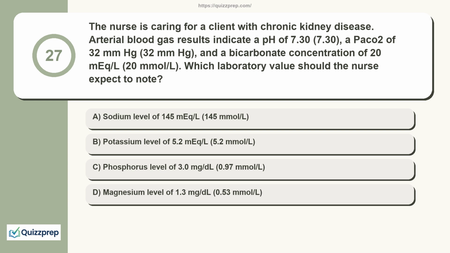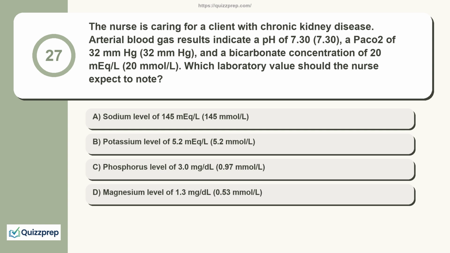Question 27. The nurse is caring for a client with chronic kidney disease. Arterial blood gas results indicate a pH of 7.30, a PaCO2 of 32 mm Hg, and a bicarbonate concentration of 20 mEq/L (20 mmol/L). Which laboratory value should the nurse expect to note?